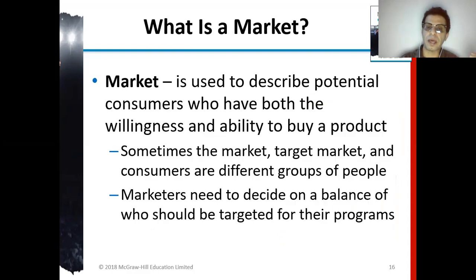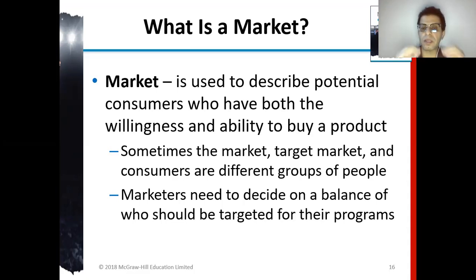The idea is that a market describes the potential consumers who have both the willingness and the ability to buy a product. Now, lots of us have the willingness to buy things but not the ability. And lots of us have the ability to buy, but we're not willing to buy that thing. So these two things have to come together, willingness and ability to buy.